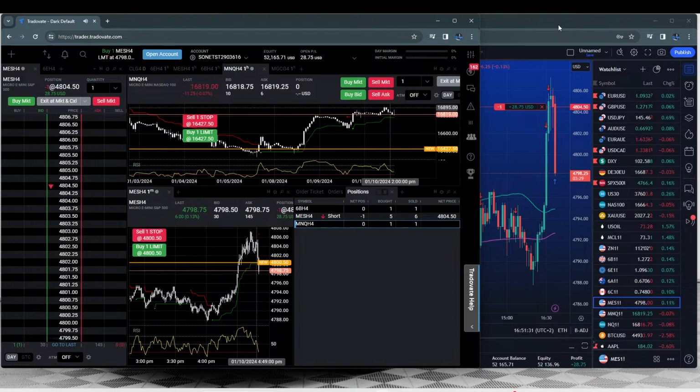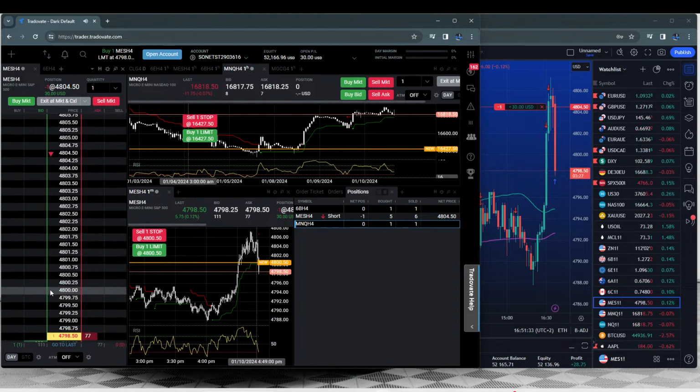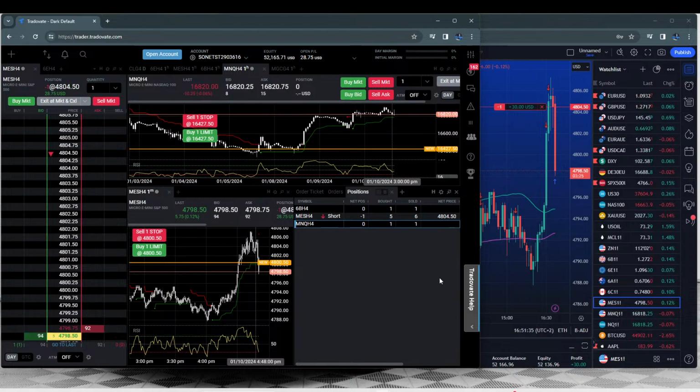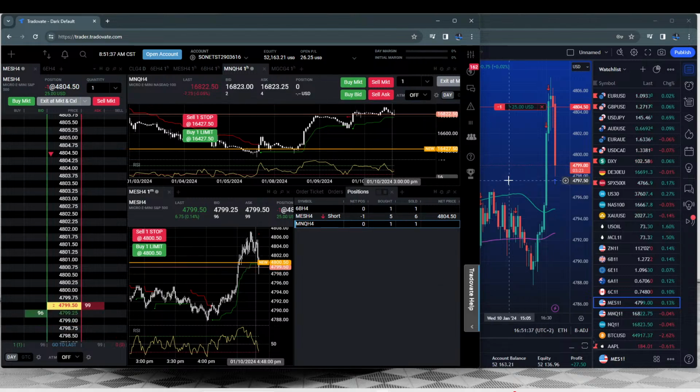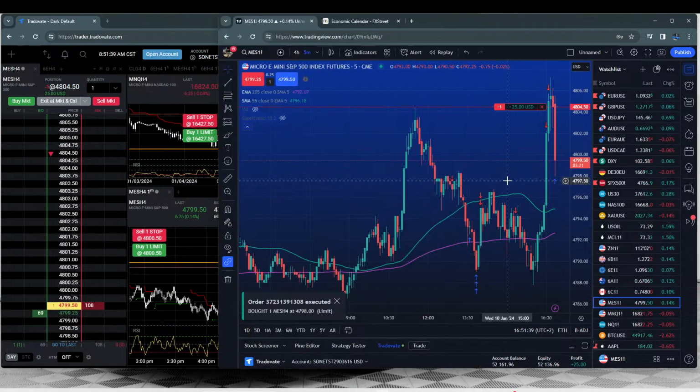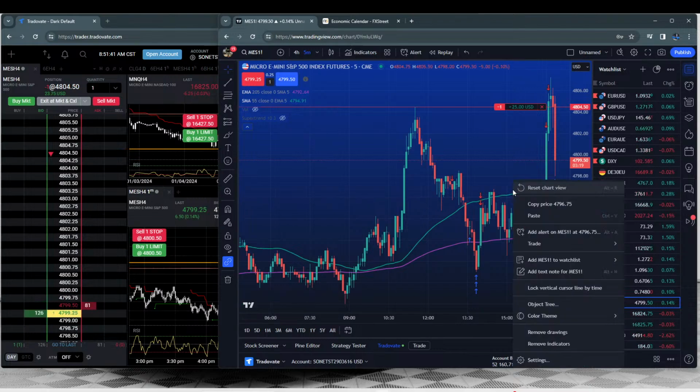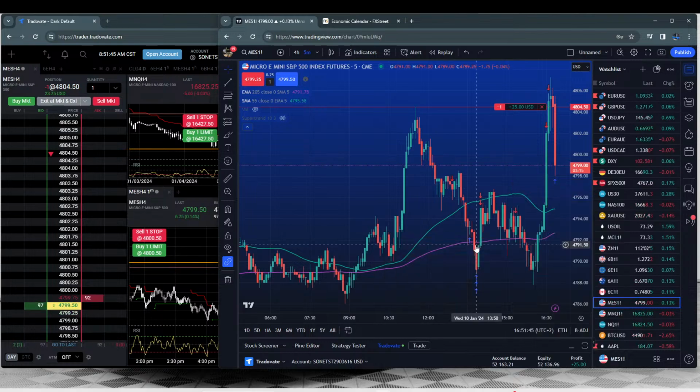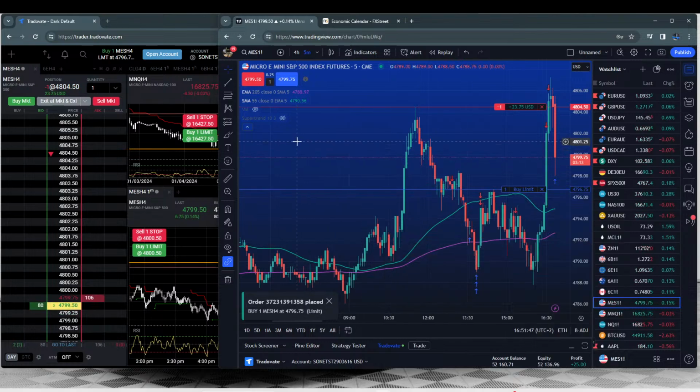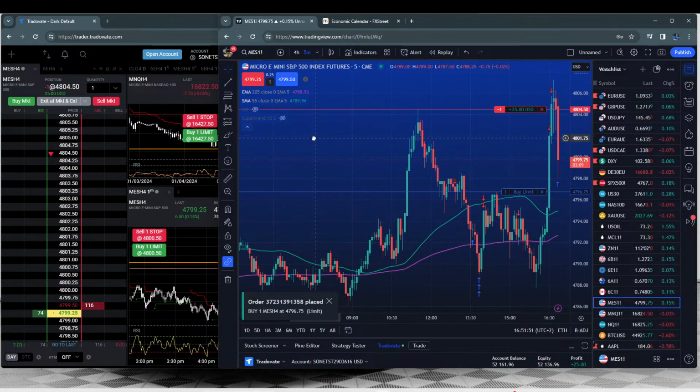Order filled. Now it's going down to the toilet. But there is still momentum building left to the upside. I will try to cover here the other contract short.